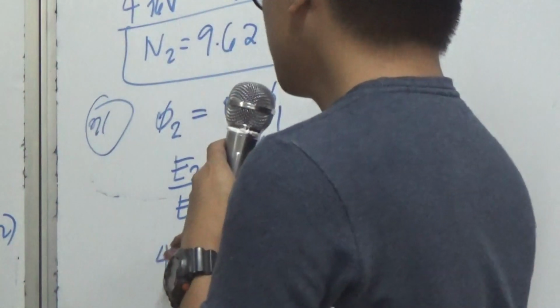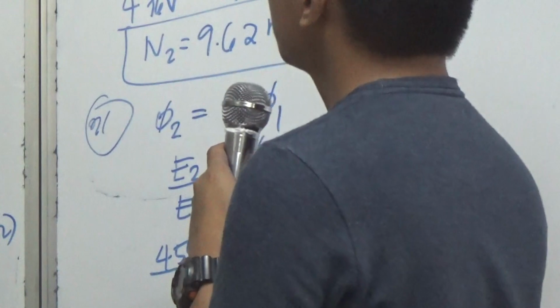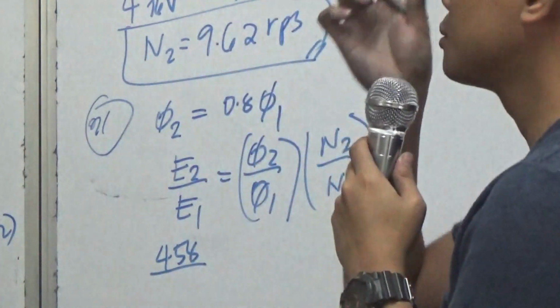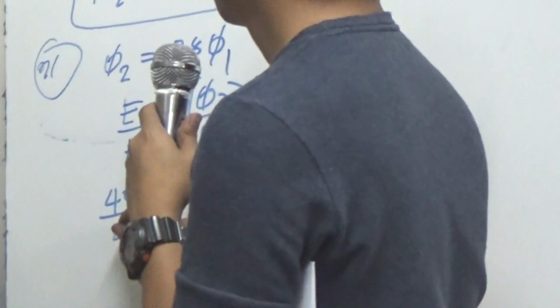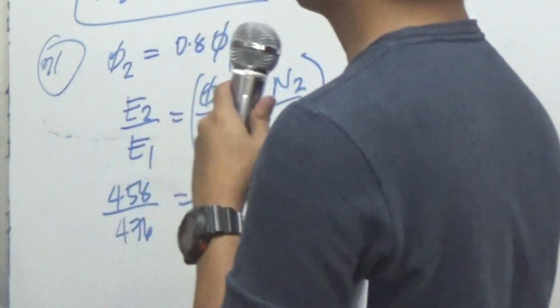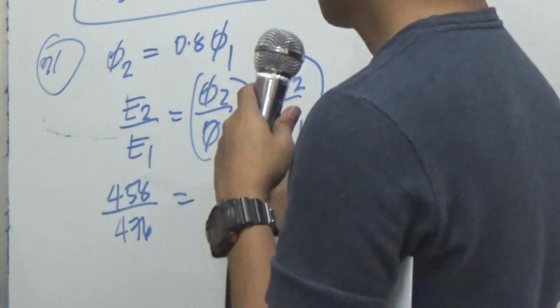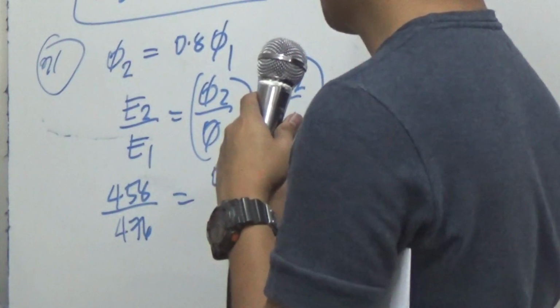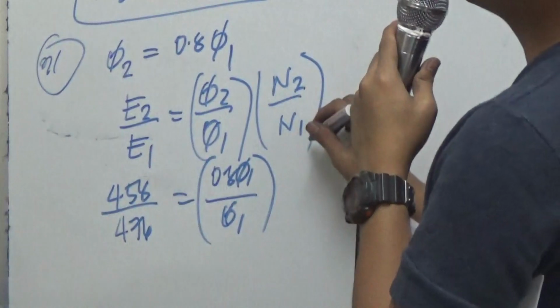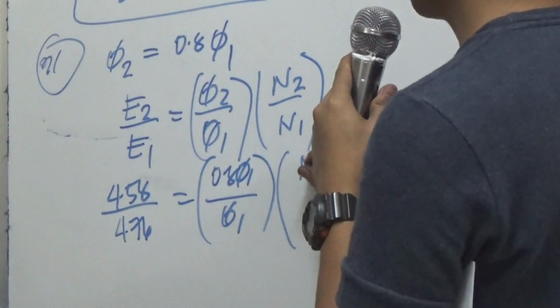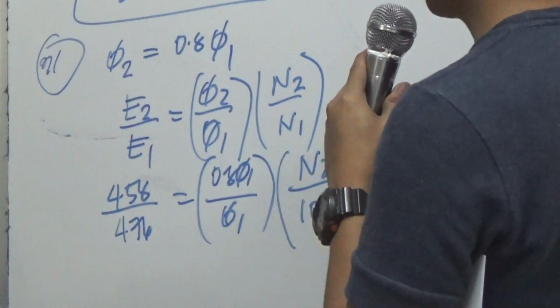So 458 divided by 476 is equals to, so flux 2 is 0.8 flux 1 divided by flux 1, then multiplied by N2 over N1. So, N2 natin yung hinahanap, N1 is 10.